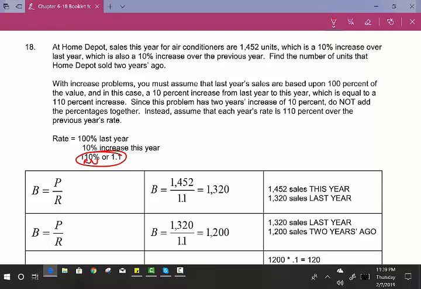Since this problem has 2 years of increase of 10% for each of the years, do not add the percentages together. Instead, assume that each year's rate is 110% over the previous year's rate. Okay, I want to scoot that up just a little bit.